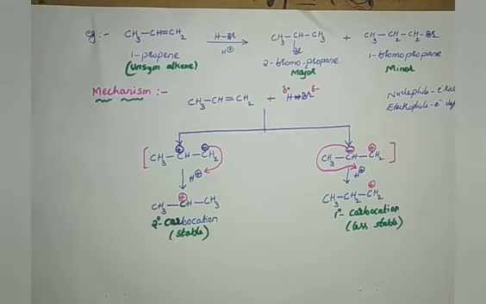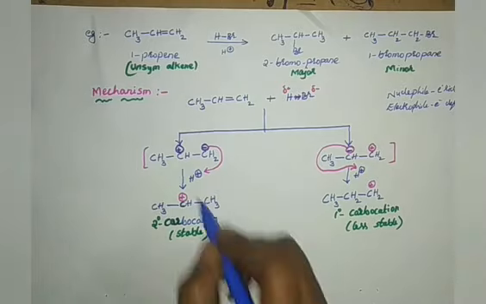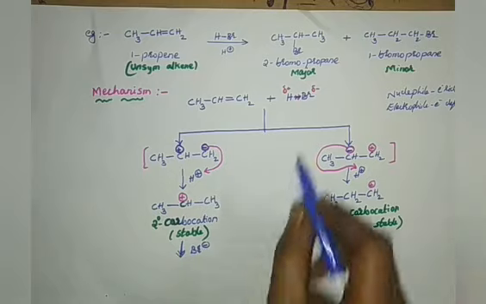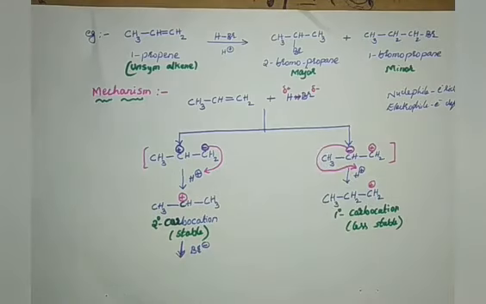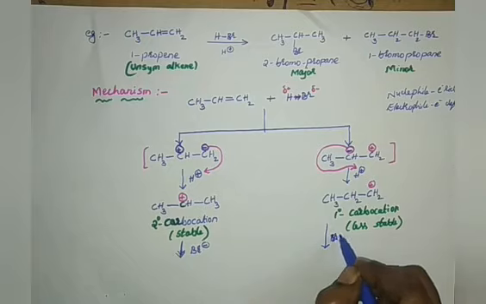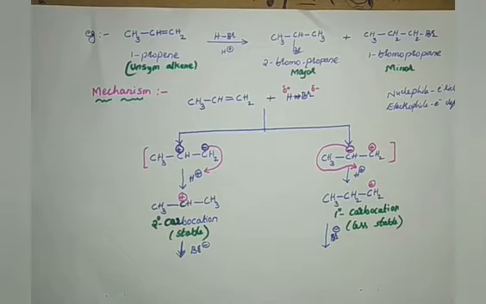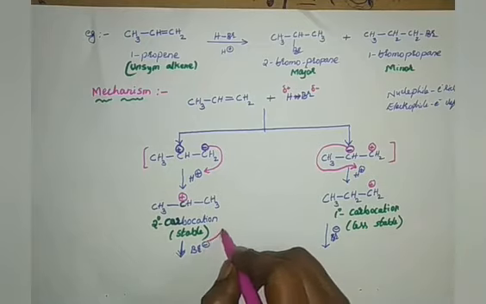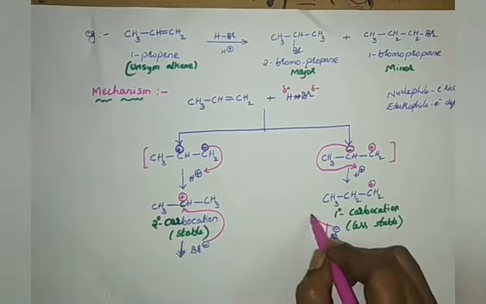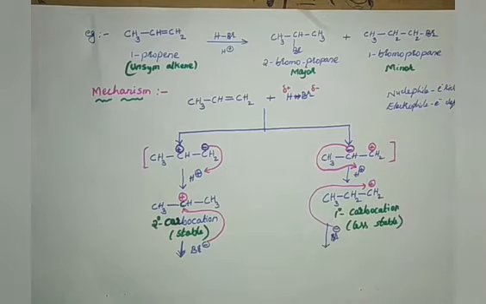Then here, after the electrophile has been added, now, in order to neutralize this positive charge, bromine minus will come now, because the reagent also contains Br minus. So here also Br minus attacks. Br minus here now attacks onto this carbon, whereas here this attacks onto this carbon.